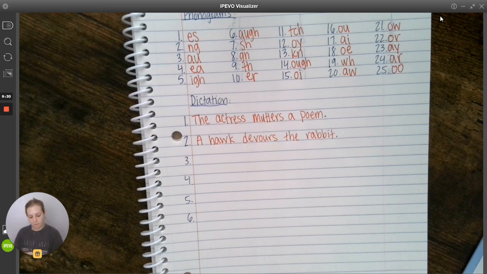Number 3, the waiter spreads the butter.